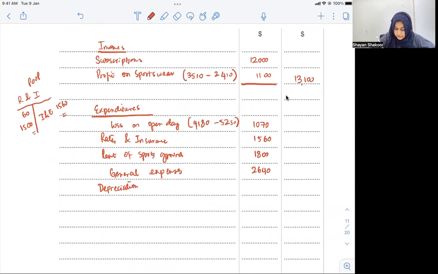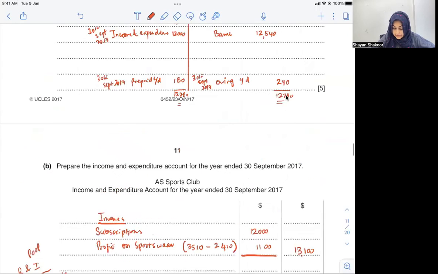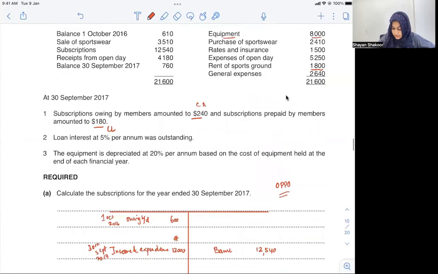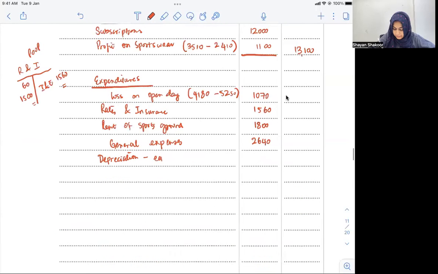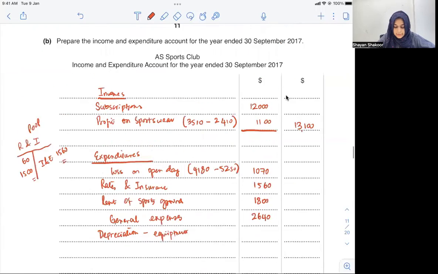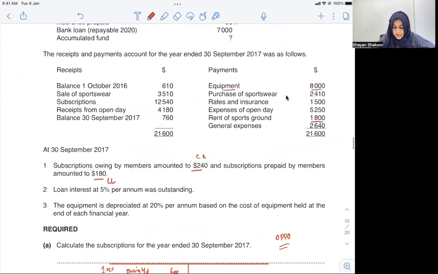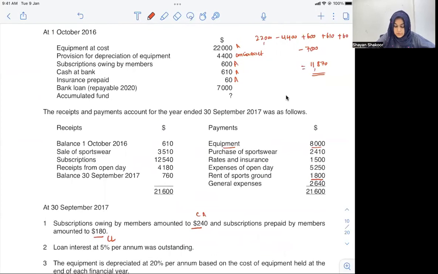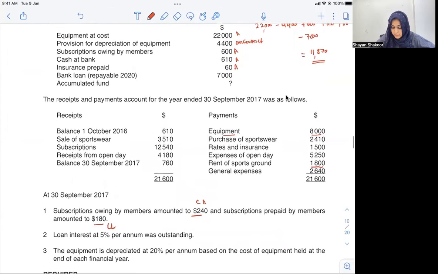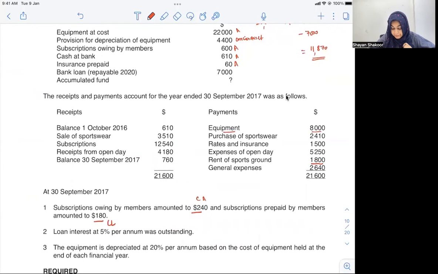In questions of clubs and societies and incomplete records, you'll always find that depreciation is what you need to find for income and expenditure, and the income statement in case of incomplete records. So depreciation is on equipment. So we write depreciation equipment, and how do we calculate depreciation here? At the start of the year, we had cost of equipment 22,000, and we had 4,400 as provision for depreciation at the start of the year.